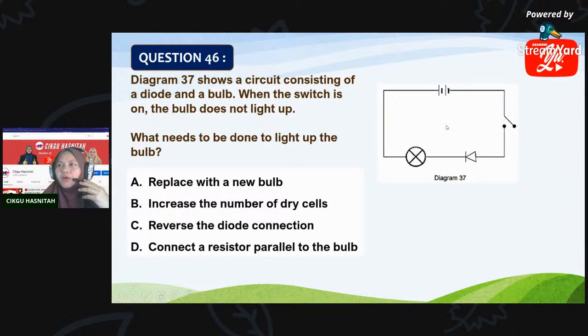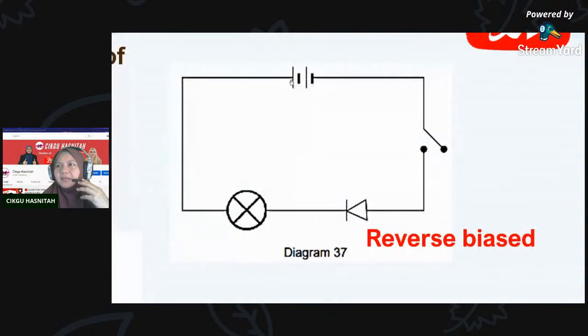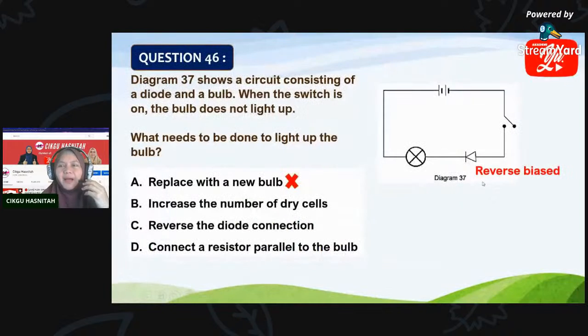So current will flow in which direction? Current flows in this direction. So now the diode is in reverse bias. As current flows in this direction, it cannot pass through the diode. Why? Because it is in reverse bias.